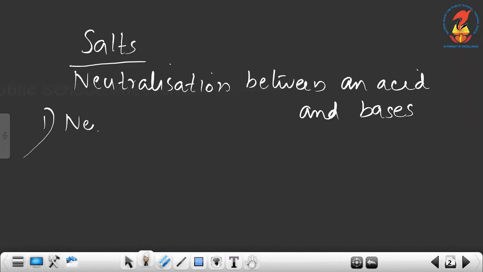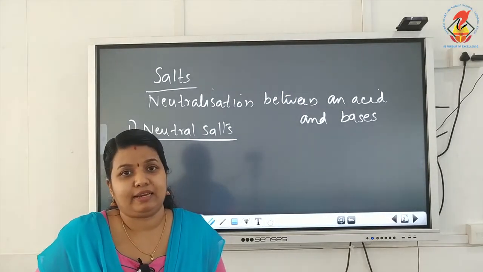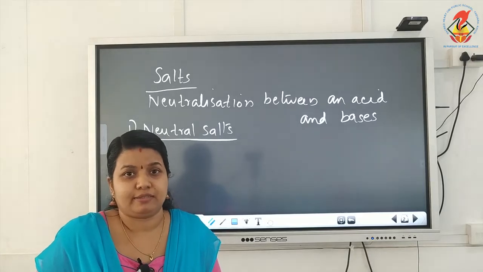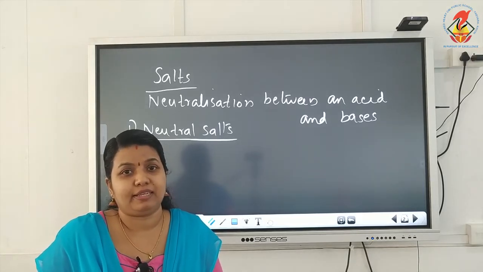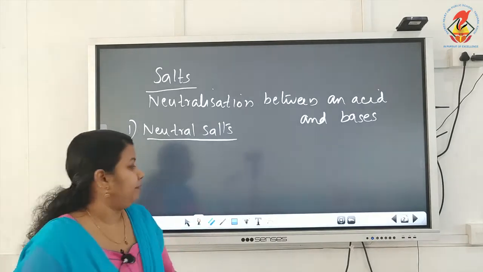First one is neutral salts. Depending upon the nature of the acid and base taken, salts have different natures. It can be neutral, it can be acidic, or it can be basic. That depends upon the nature of the acids and bases taken.